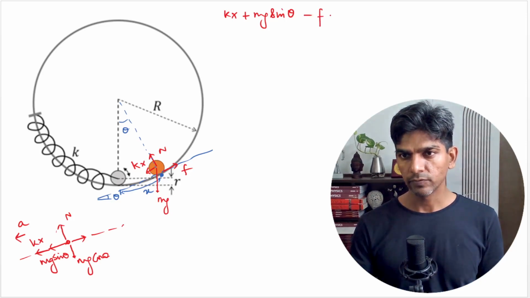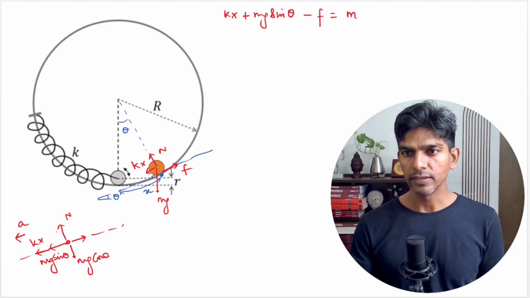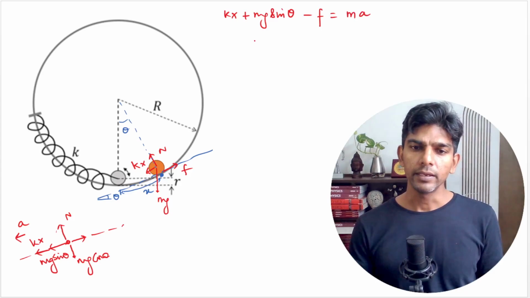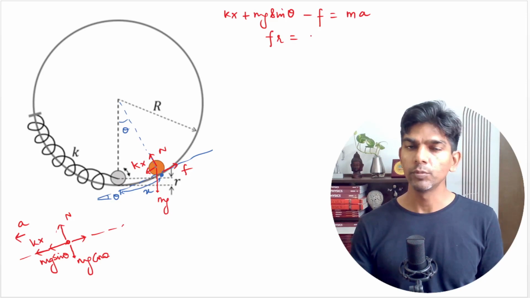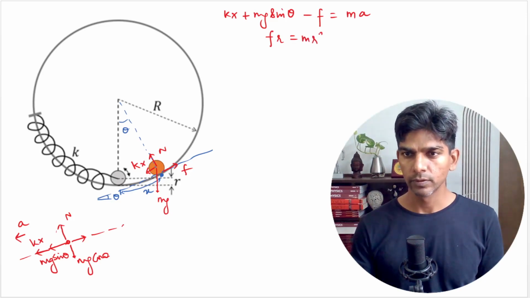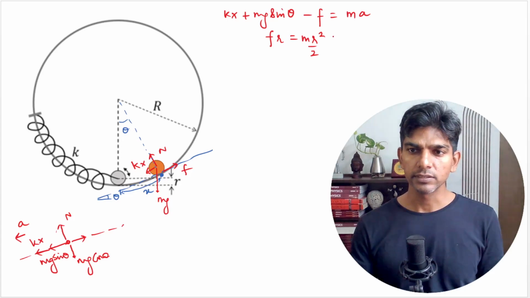So minus f equals mass times acceleration, and we can write the torque equation: f times r equals I alpha, and the moment of inertia will be mr square by 2. Since it is rolling, angular acceleration can be written as a by r, so we can eliminate r.